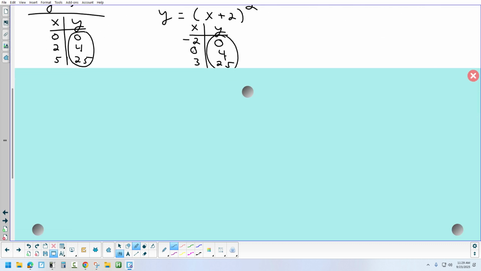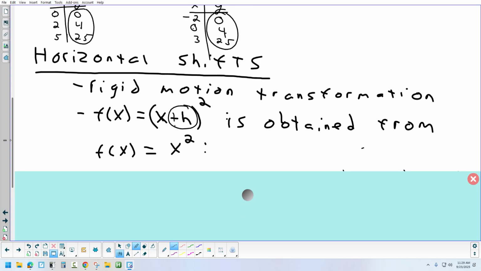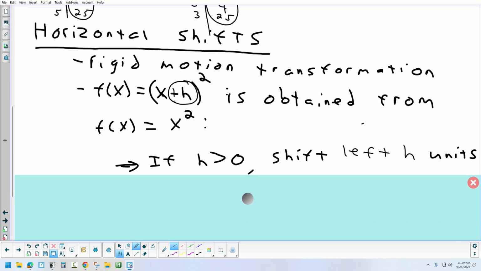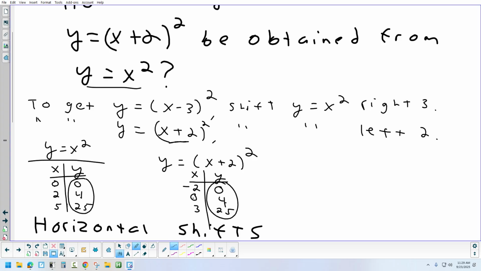All right, so let's write this down nicely. So these are horizontal shifts. And there are 2 cases. You have to focus on what I just circled right here. If that number is greater than 0, like it was right here, plus 2, a plus is going to move you to the left.